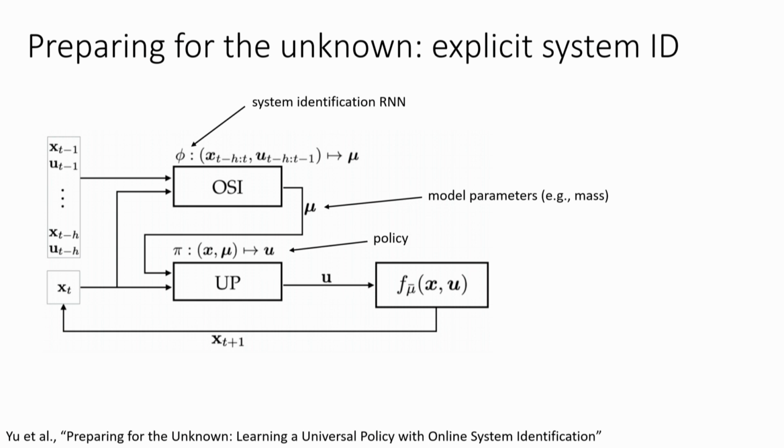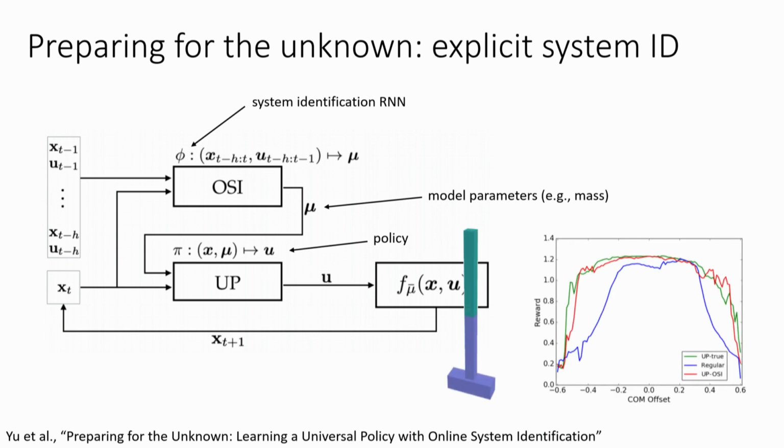But if you train up this little recurrent neural network to predict them, then you might do quite a bit better than if you had to have a policy that is required to do well for all possible physics parameters without knowing what they are. So if this RNN does a good job, predicts the right parameter value, and the policy learns how to make use of it, then in effect, the RNN will do a little bit of online system identification as it's performing the task in the target domain.